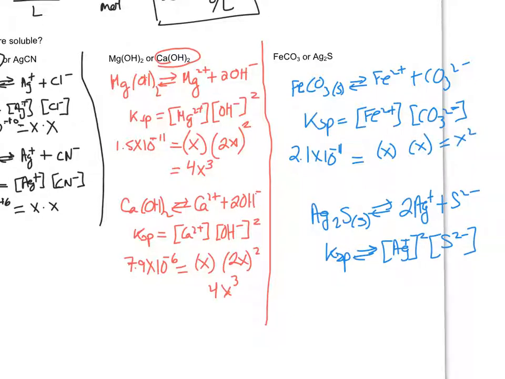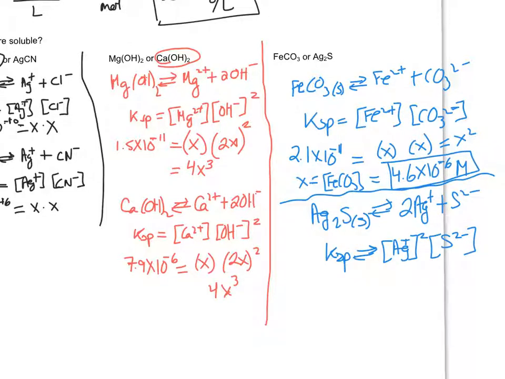So my X, which is the concentration of the FeCO3 in a saturated solution, would be 4.6 times 10 to the negative 6 molar. Okay, let's look at the next one.